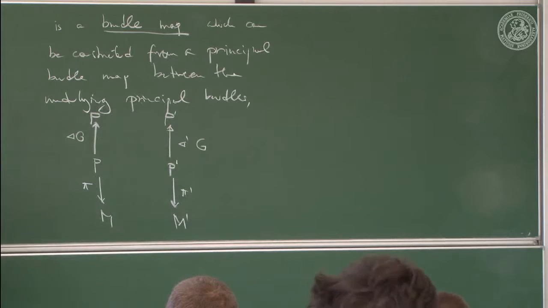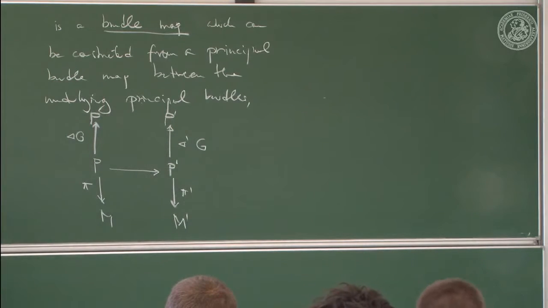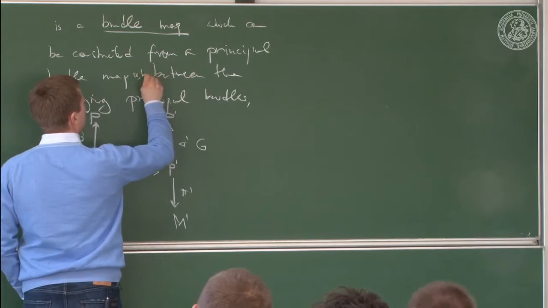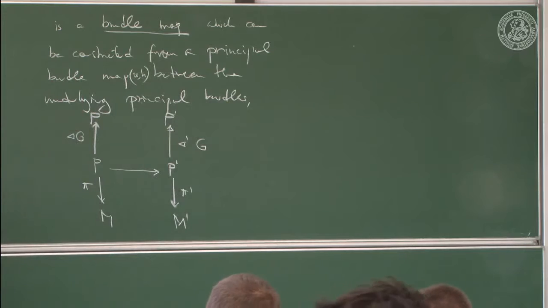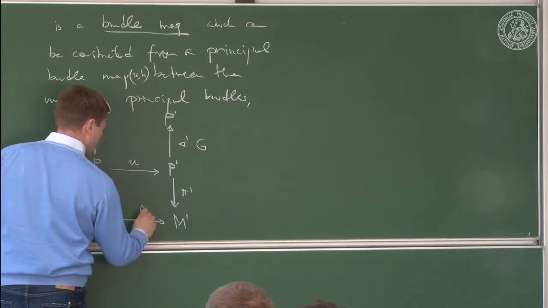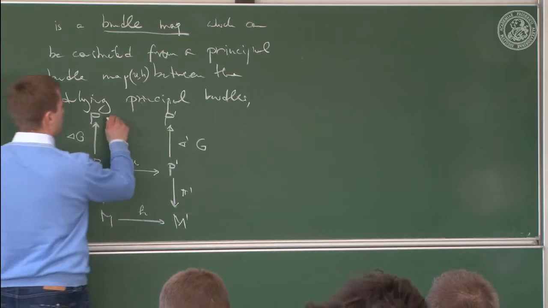Okay? And so we say it can be constructed from a principal bundle map, and let's call this principal bundle map U and H. You know that that's a pair of maps, U and H. And then of course this U appears up here again.